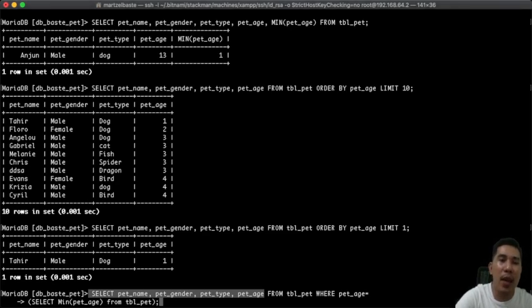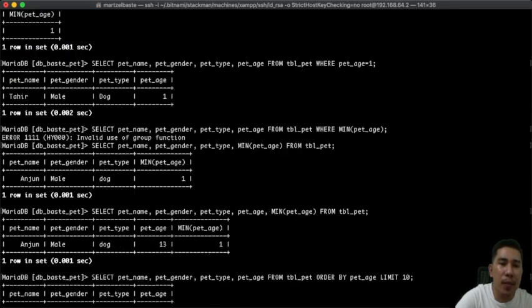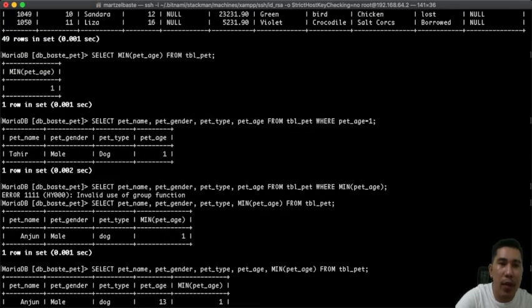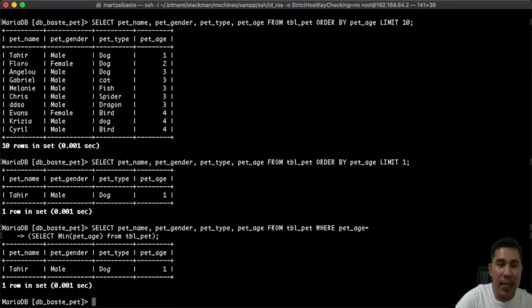Recall that that particular query was used earlier, select min pet age from TBL pet. So this is an example of a subquery or nested query. We have a query within a query.